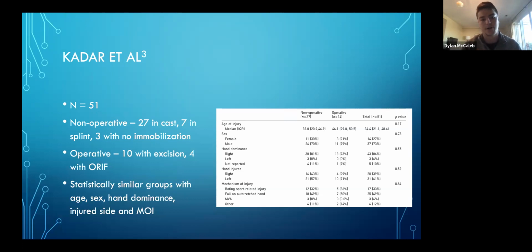The operative group combined both excision of the hook of hamate as well as fixation. And as you can see, the non-operative and operative patients were statistically similar in age, sex, hand dominance, injured side, and mechanism of injury.